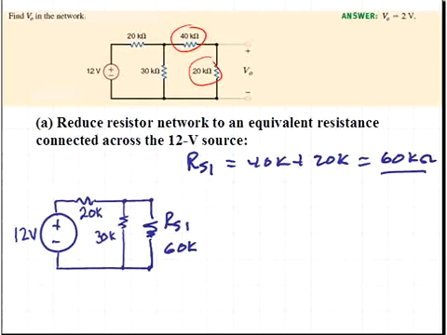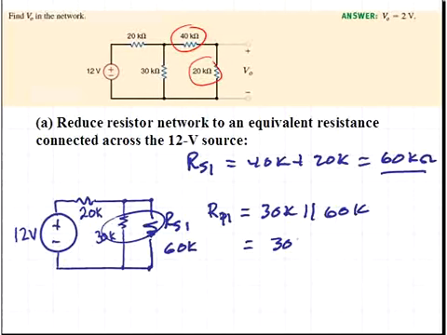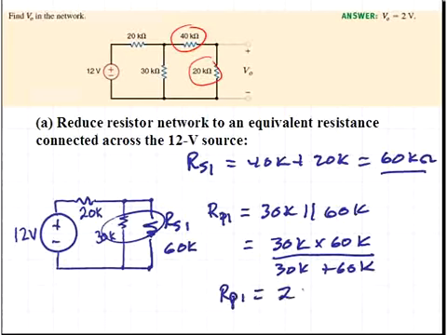Now we see that we have two resistors in parallel, and RP1, as that combination, is equal to 30K in parallel with 60K. It's equal to 30K times 60K divided by the sum 30K plus 60K, and RP1 is equal to 20K.